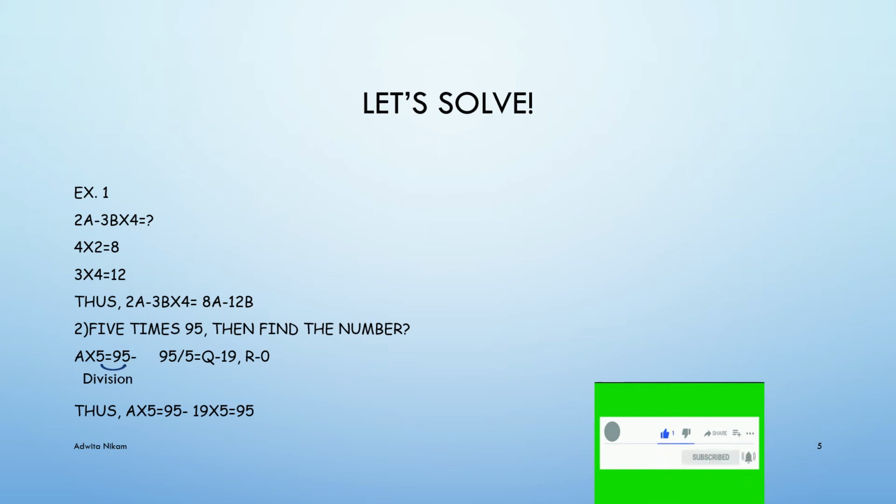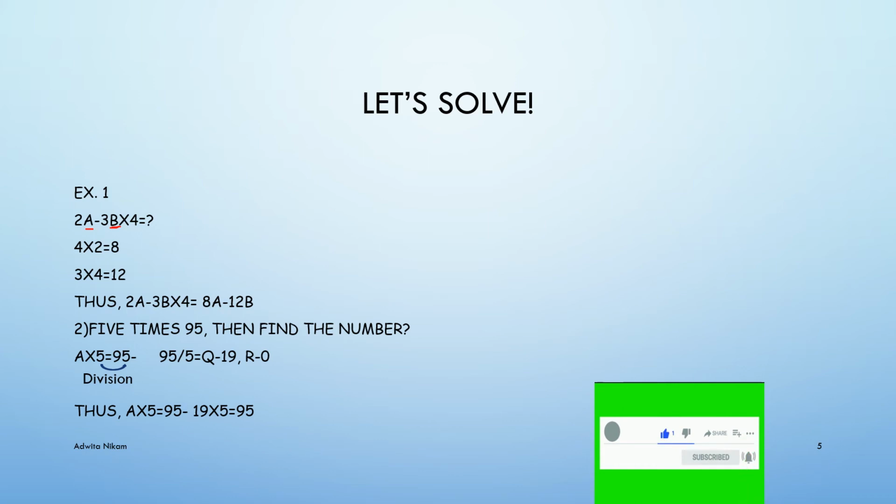So now this is A and this is B. So we cannot just subtract them. A and B will remain like this only.